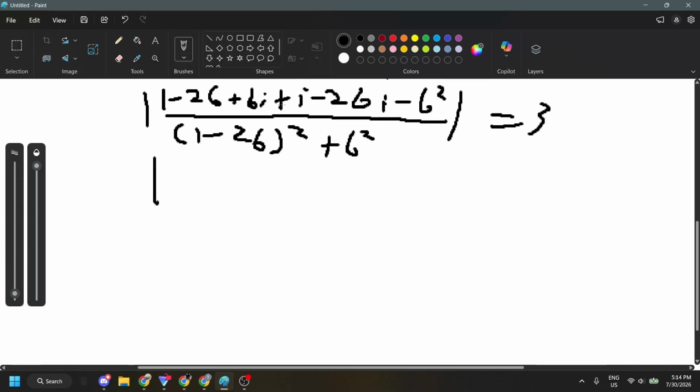So, simplifying, here we get 1 minus 2b minus b squared.